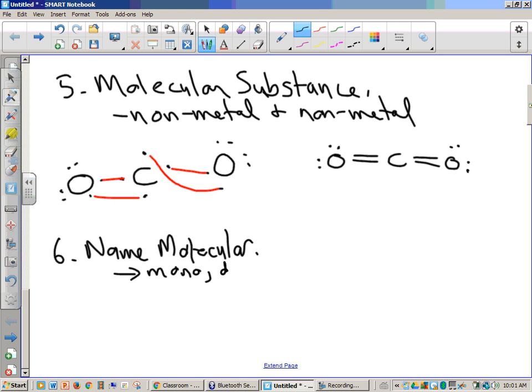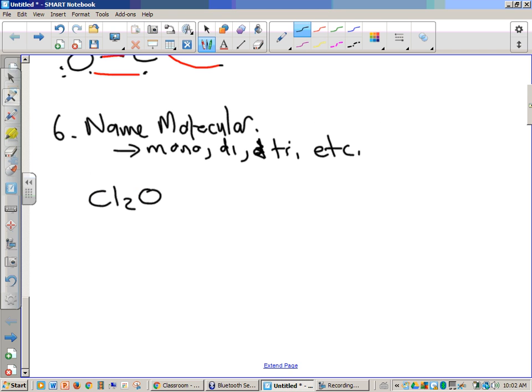Mono, di, tri, etc. You get the idea, I think. It's supposed to be a review, so it's supposed to be a shortened way of thinking of it. So an example, there's so many different molecules, it's not as easy to make them up. Let's go with Cl2O. We'll come up with a name for that.